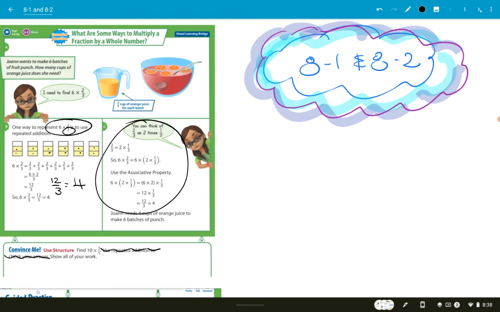So notice what they're doing in each one of these, depending on the method that you use. It's the whole number times the numerator, which gives us the numerator on top. Look at this one. It's going to be 16 times 3, which is what? 48. Look at this one. 500 times 2, that's going to be 1,000.